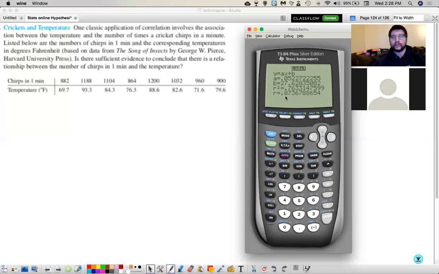So we have our regression equation here, Y equals AX plus B for the TIs, but that's not what we care about. We care about R, 0.874. We're going to round to 3 decimal places, 0.874.